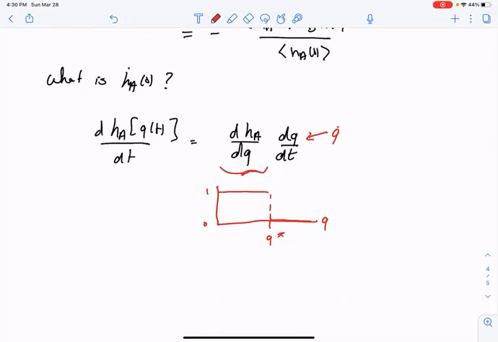So the derivative of HA with respect to Q is finite only at Q star. So it's a delta function. And it's a delta function with a minus sign, owing to the fact that the step function is defined inverse to how it would canonically be.